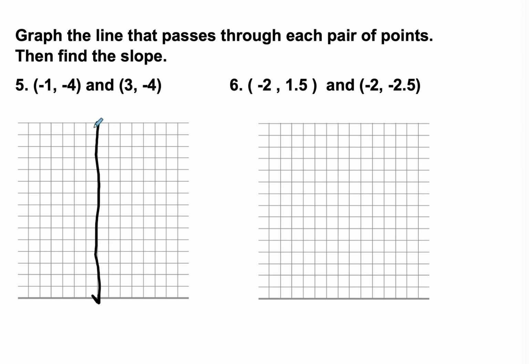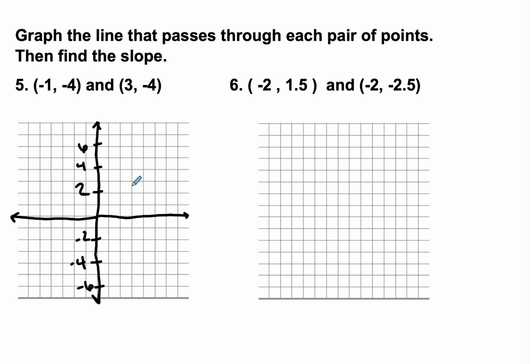Okay, first thing I need to do is draw in my coordinate plane. Not ready for the ordered pairs yet. Okay, let's see, I've got to go 4, -4. Okay, 2, 4, 6, -2, -4, -6.